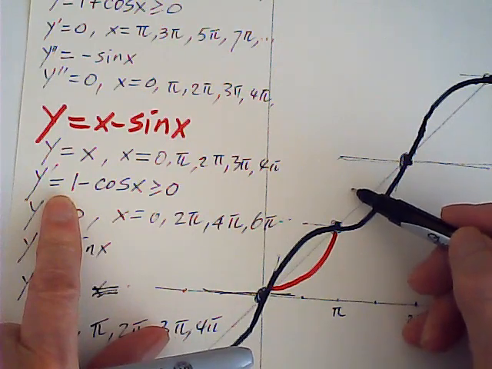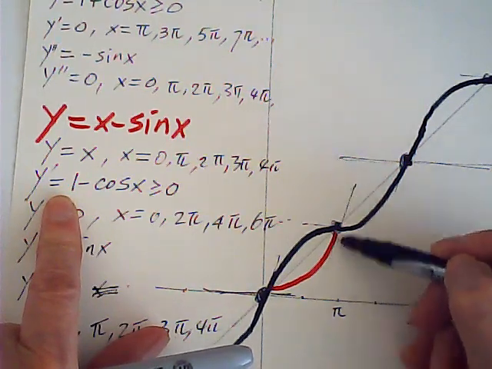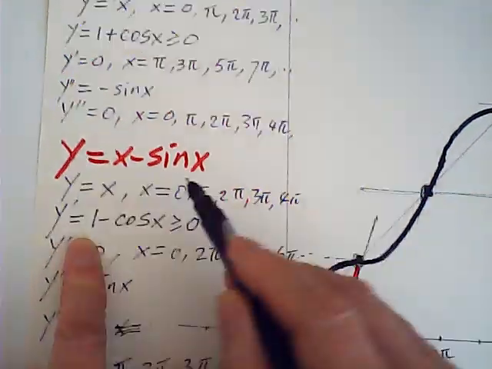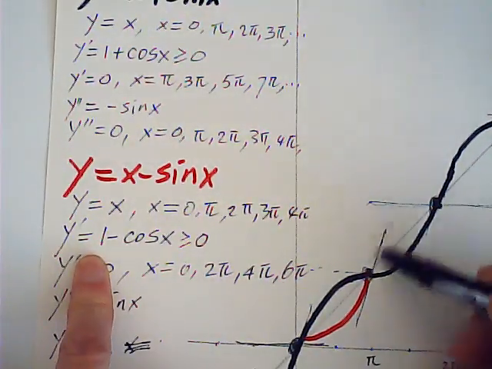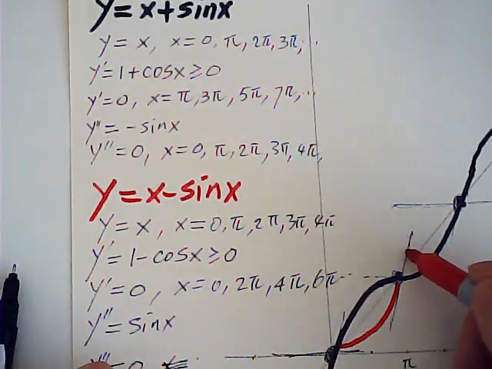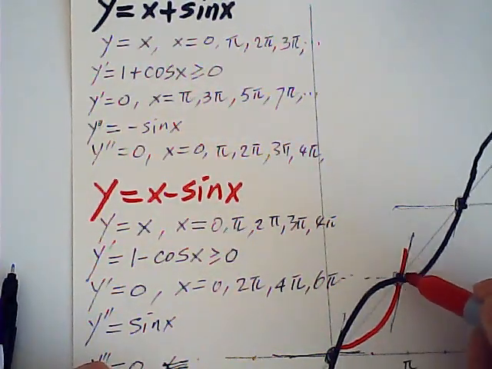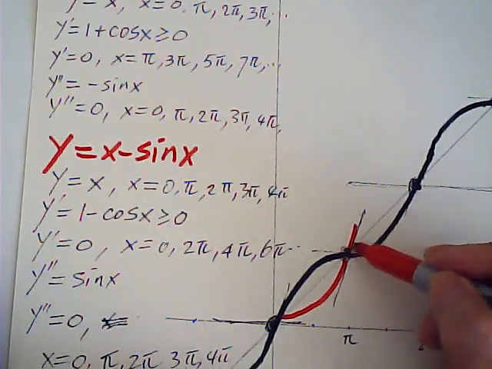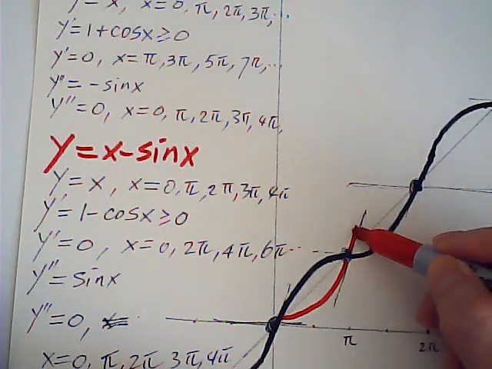So at this point, the slope of the tangent line to this curve is 2. So this is the gradient, the slope is 2. So that will be the curve. And this is also a point of inflection.